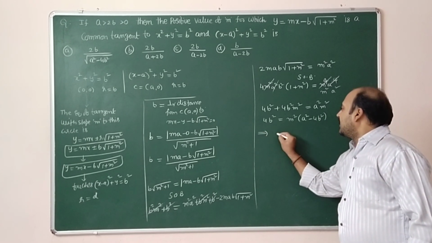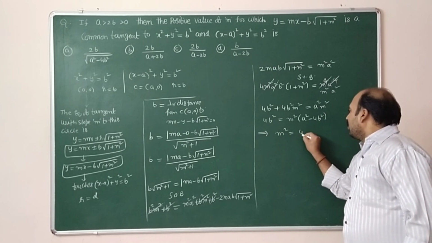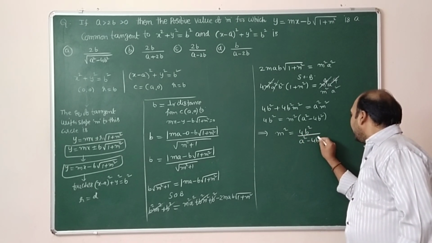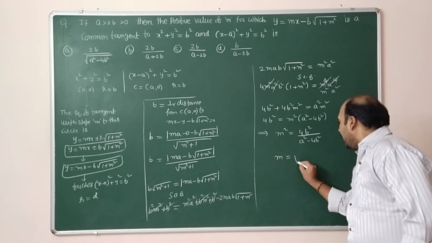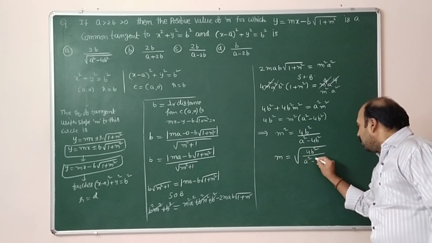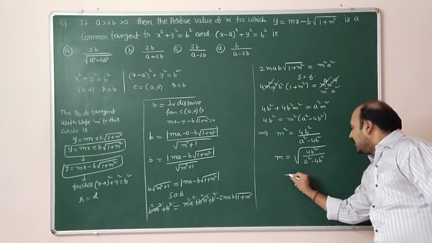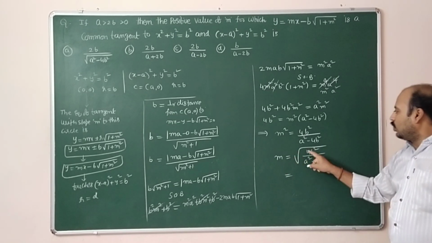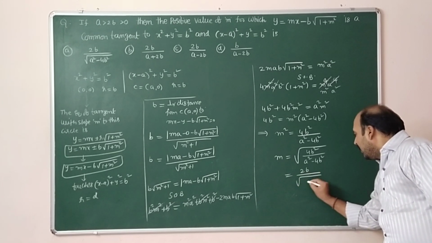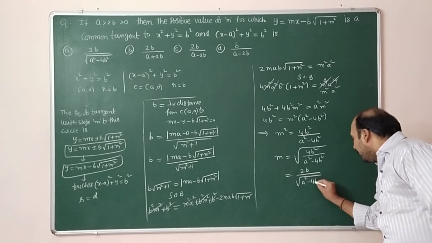So that implies m square is equal to 4b square divided by a square minus 4b square. So m is equal to under root of 4b square by a square minus 4b square, that is equal to 2b divided by root over a square minus 4b square.